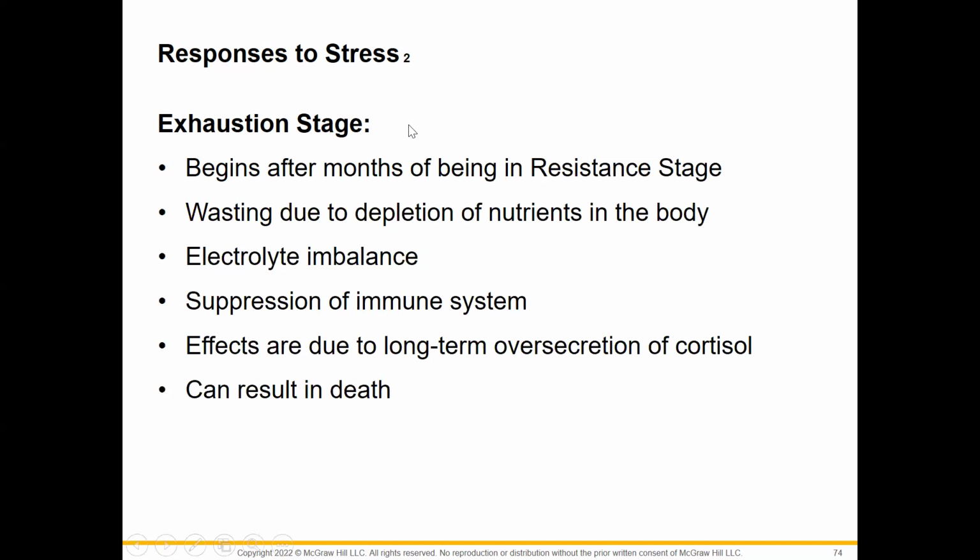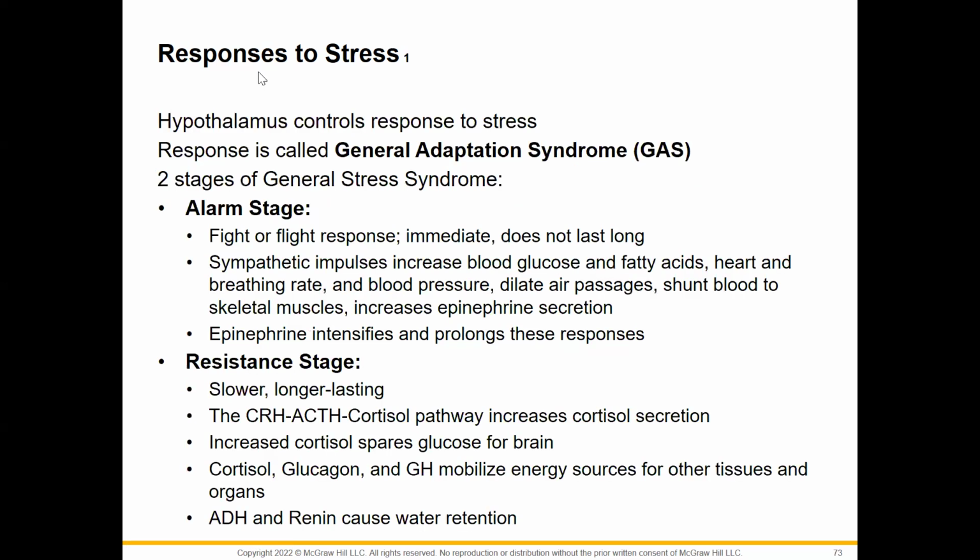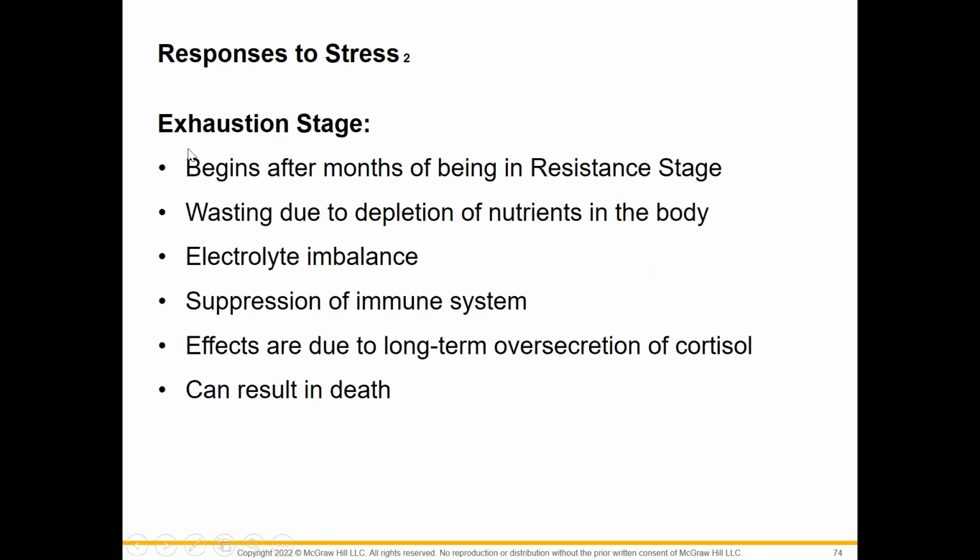So the exhaustion stage begins after months of being in the resistance stage. If you are stressed long term, day after day, month after month, year after year, your body will leave the alarm and resistance phase and move into the exhaustion phase. When this occurs, you'll start having more wasting in the body.